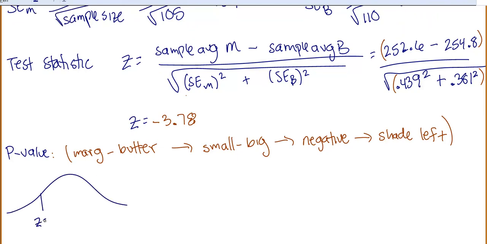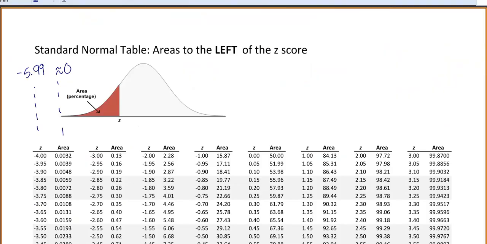So here is z equals negative 3.78, and I'm shading to the left. Let's look at the normal table.